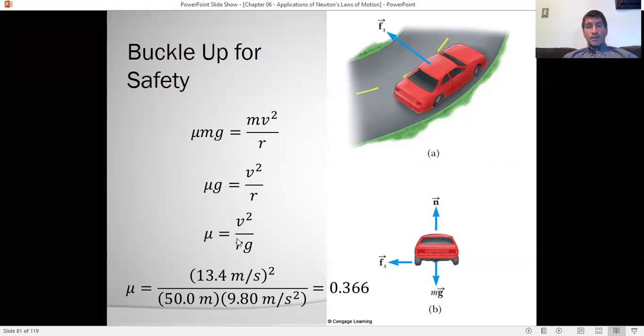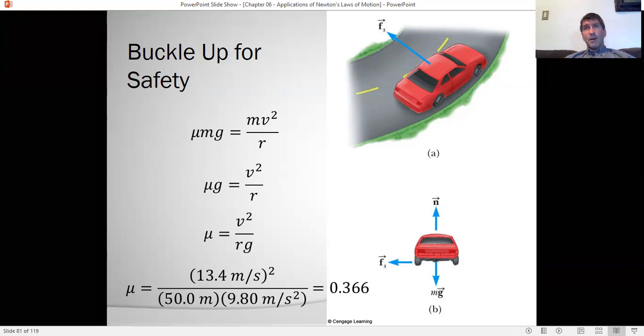So let's say we go around a turn at, I guess, about 30 miles per hour. The radius of curvature is 50 meters. And there's g, it's always 9.8. How much traction do I need to go around that turn? Well, in good weather, that's easy, 0.366.